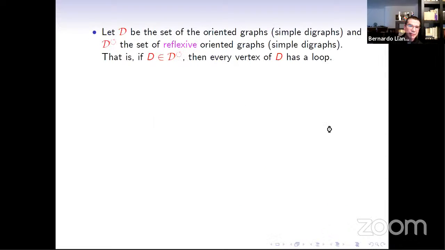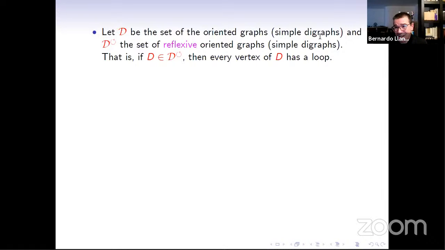Yeah, and finally, I will focus on the diclique digraph operator. So, as I said at the beginning, I will consider two classes. The first one is the class D of oriented graphs, simple digraphs.